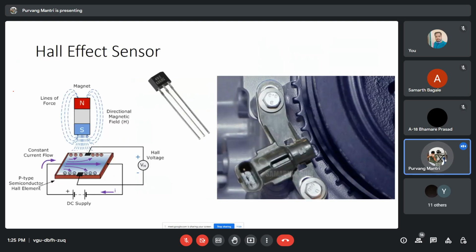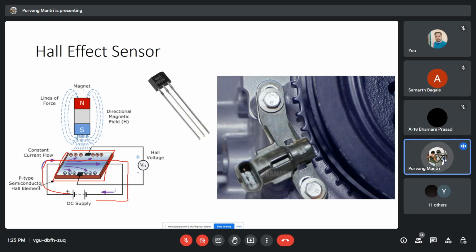Similarly, we have the Hall effect sensor. The resistance of a Hall effect sensor changes when a magnetic field acts around it. This block over here is showing a Hall effect sensor, and at first let's assume the magnet is not near it, so it will allow the electricity to flow through it without any resistance.